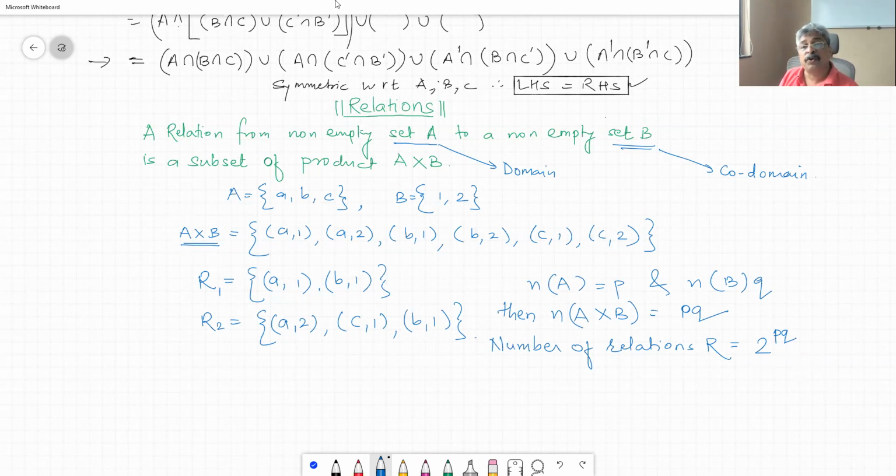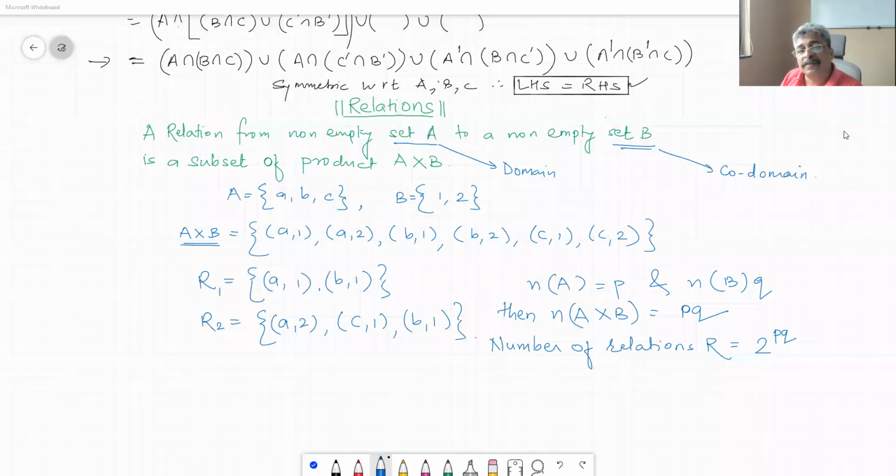I will pause for a moment. So as far as relation is concerned, you can choose as many pairs as you want and create your own relation out of A cross B. No further rules, no further compulsions.